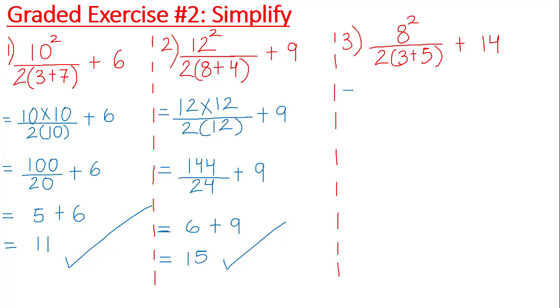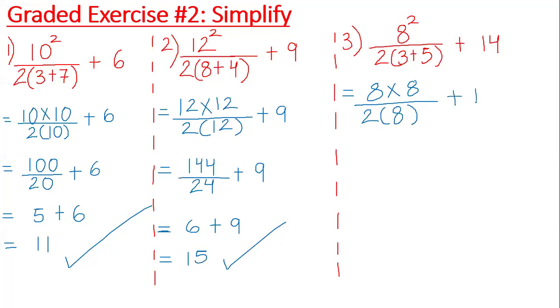So you start off with 8 times 8 over 2, put in bracket 8. Where do you get the 8 from? I added 3 plus 5. Very good.